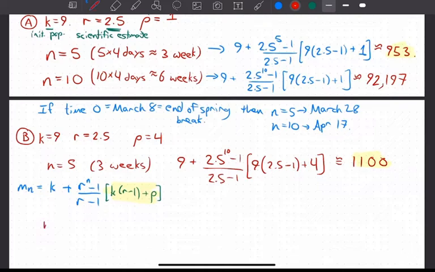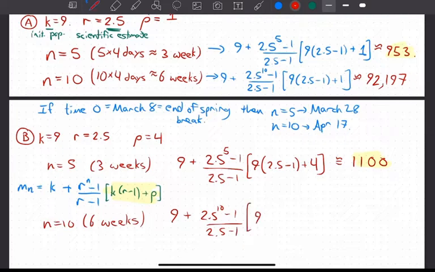And so then in 6 weeks you get, whoops, that's supposed to be 5. That's 5 weeks. When n is 10, you're looking at that. The only change is that the value n goes from 5 to 10.